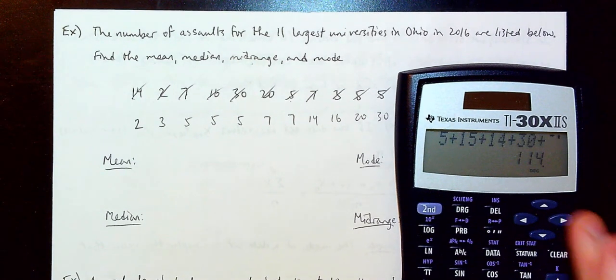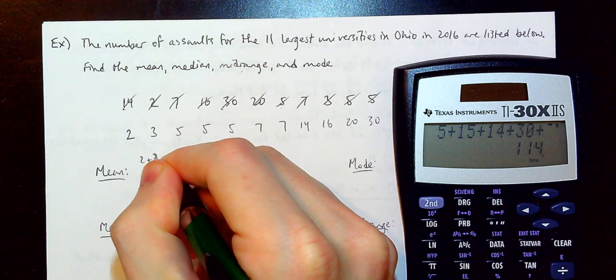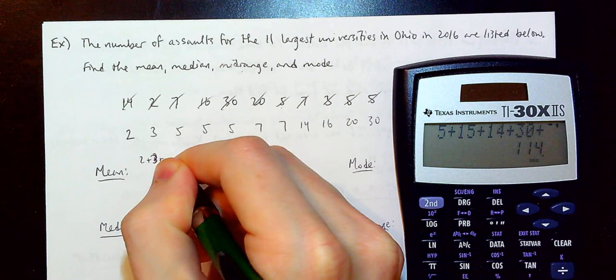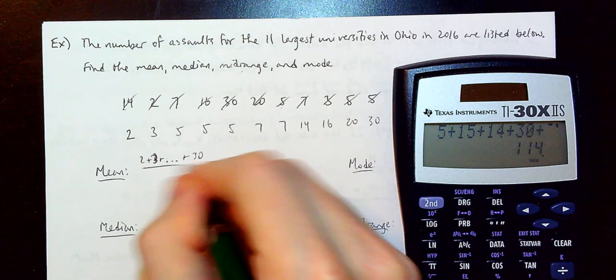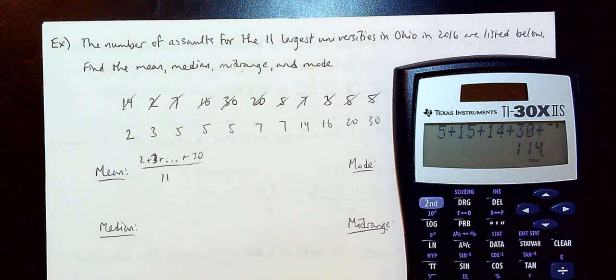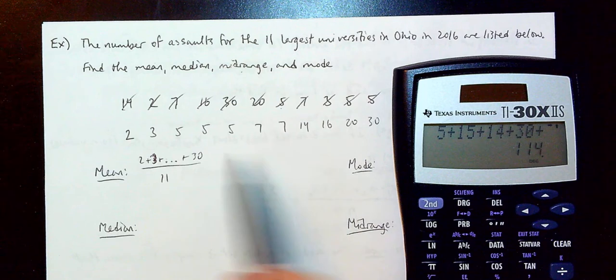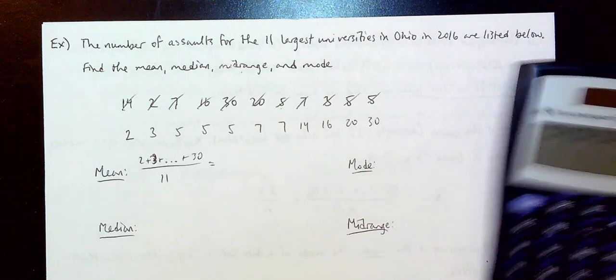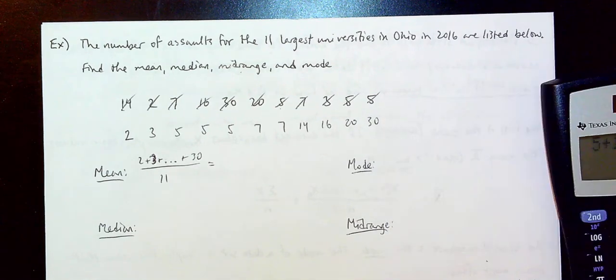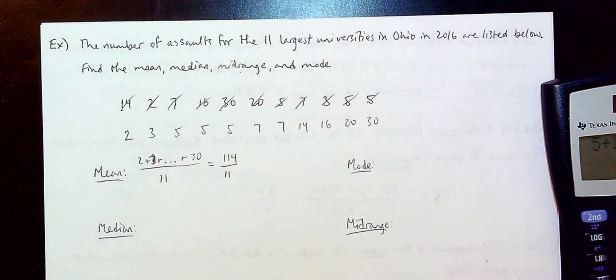So that sum there, this is what the mean is, just having all of our data values listed, divided by 11. That sum was 114 divided by 11.